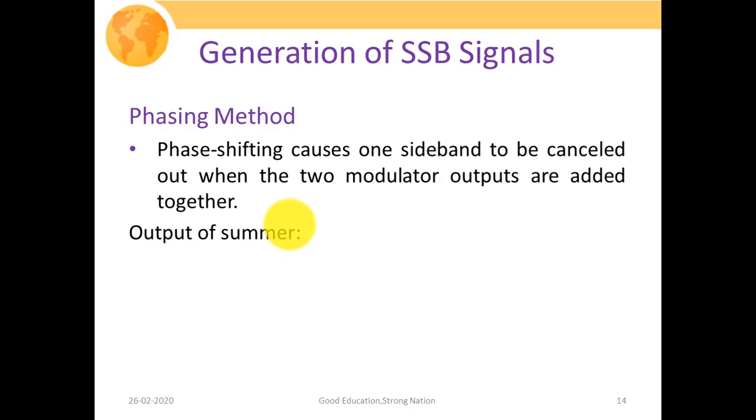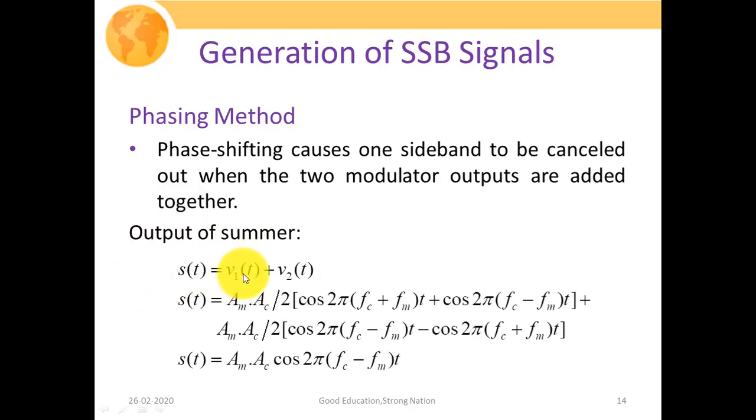So the output of the summer turns out to be as follows. At the summer, both signals V1(t) and V2(t), the outcomes of balanced modulator 1 and balanced modulator 2, get added up and we have S(t) equal to Am Ac/2 multiplied with cos(2π(fc + fm)t) plus cos(2π(fc − fm)t), added to V2(t), that is Am Ac/2 times cos(2π(fc − fm)t) minus cos(2π(fc + fm)t). The minus sign upper sideband and the positive sign upper sideband cancel each other out, and what we are left with is Am Ac cos(2π(fc − fm)t).